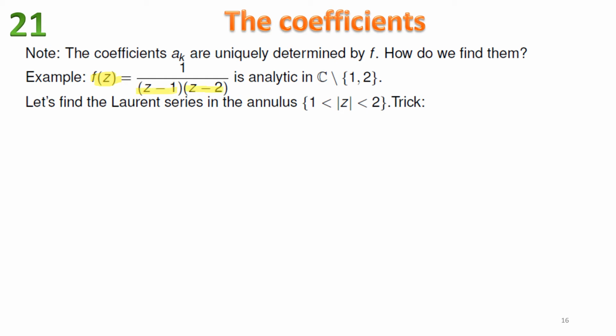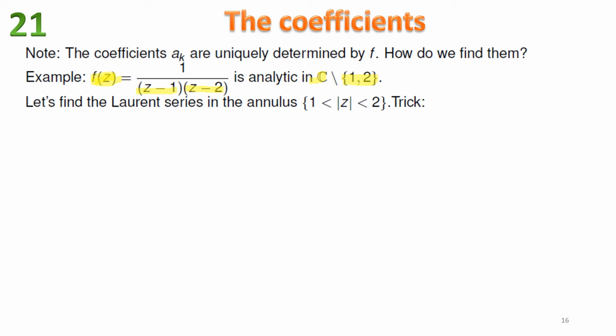This function is analytic in the entire complex plane except the points 1 and 2, because when z is equal to 1, the denominator becomes 0 and the function f of z blows up. Similar thing happens at z equal to 2.